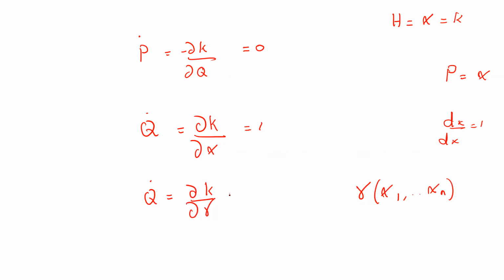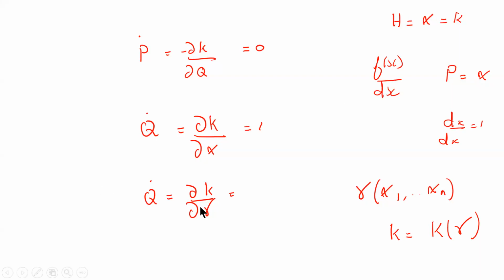So here this equation reads like, we are differentiating, and now this K also will become a function of gammas. Okay, so K is a function of these gammas. So this equation is nothing but differentiating f of x with respect to x, right?